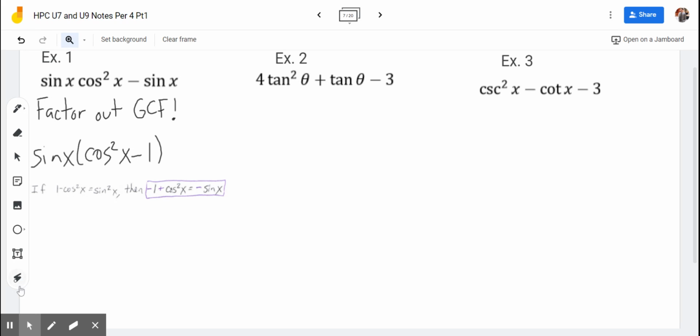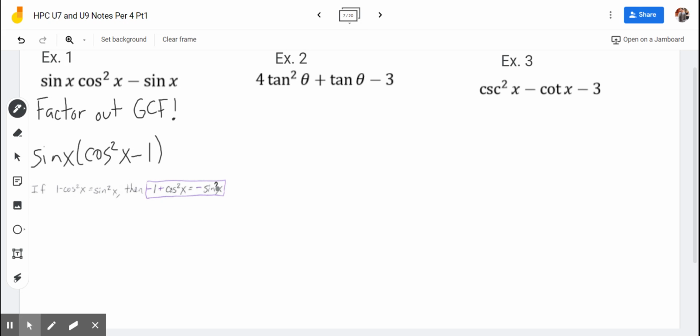So 1 minus cos squared x is equal to positive sine squared x. If we change this 1 to a negative 1, and change this negative cos squared to positive cos squared, then this becomes negative sine squared. Forgot to put a 2 there, so it should be negative sine squared x.